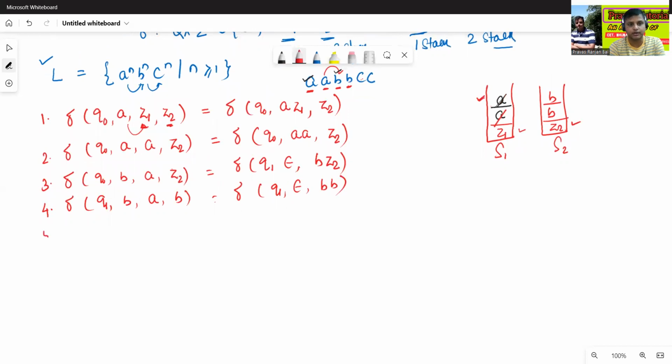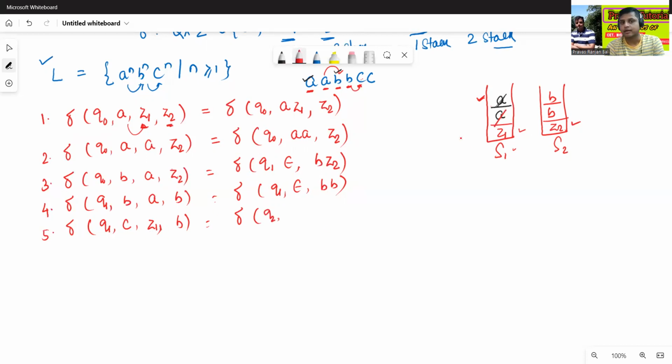Then the next one, delta Q1, read C. What is the top of the stack in case of the first stack, S1? This is Z1. What is the top of the stack here? B. So when I read C, I go from B to C and change the state. This is Q2.